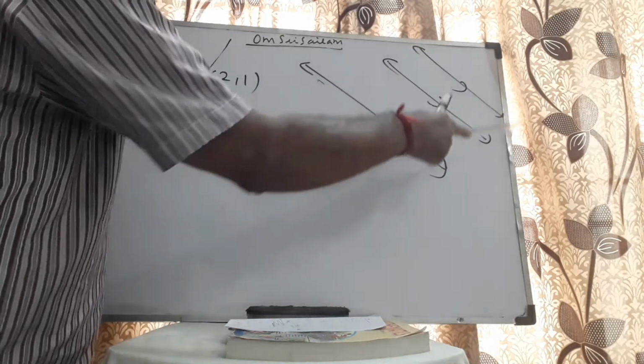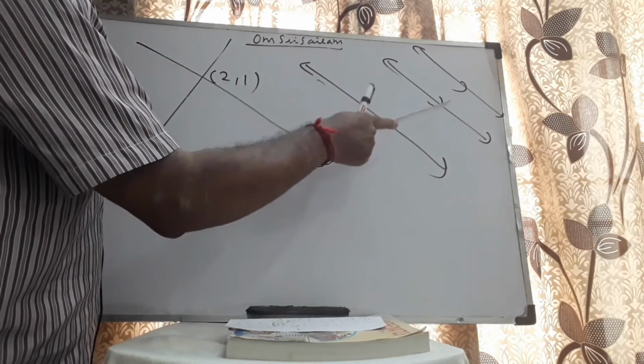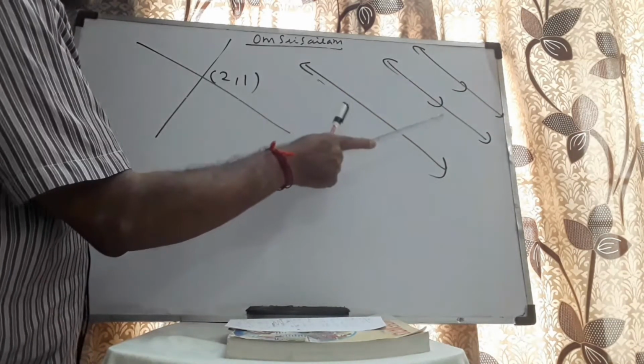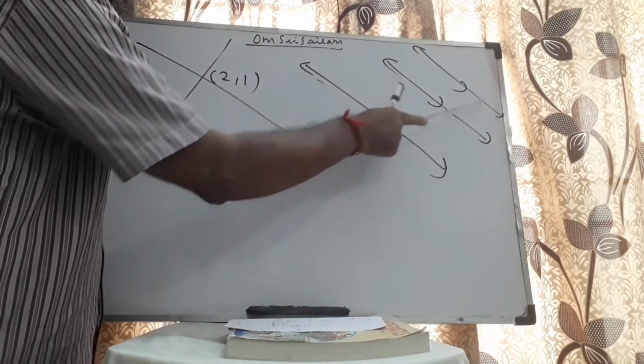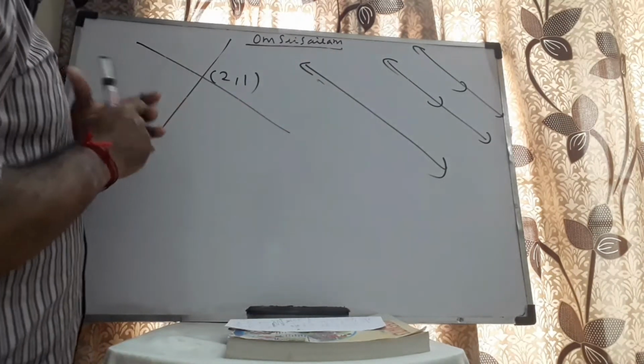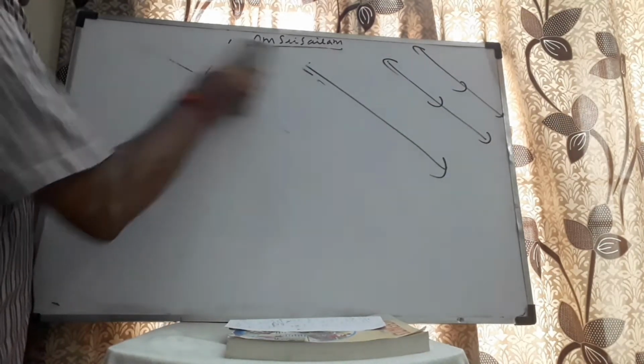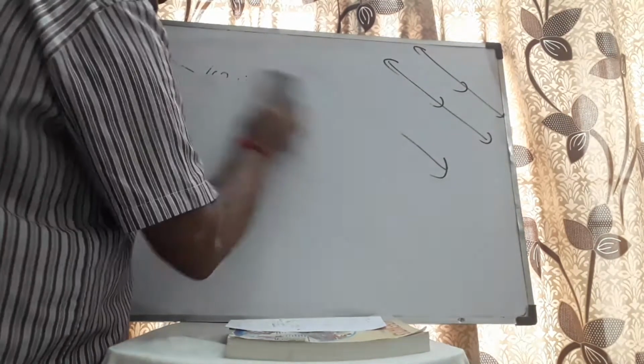And here there is no solution. Any set of values x and y will not satisfy the given set of equations simultaneously. Here I will come to the conclusion that the system is inconsistent. There is no solution. That's the real meaning of inconsistency.